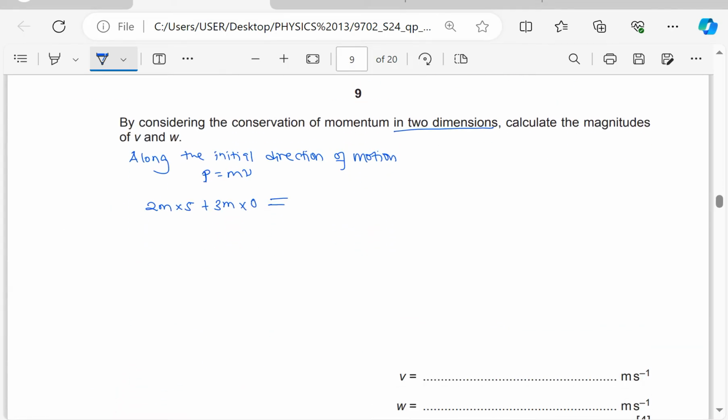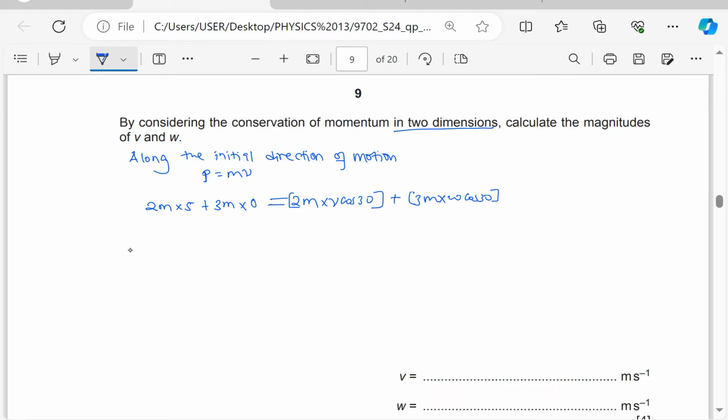So I have here 2m times v cos 30, that is for the mass of 2m, plus 3m times w cos 30.